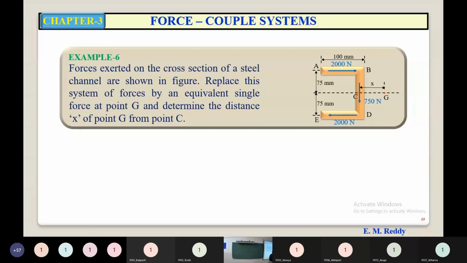Forces exerted on the cross section of a steel channel are shown in figure. Replace this system of forces by an equivalent single force at point G and determine the distance x of point G from point C. Can anyone explain how we can solve this problem?